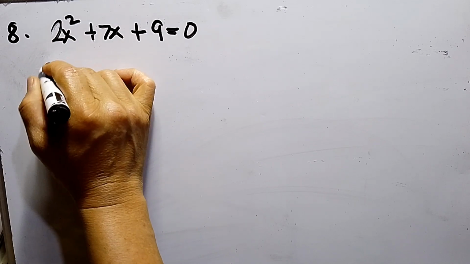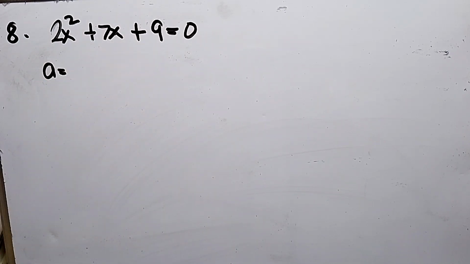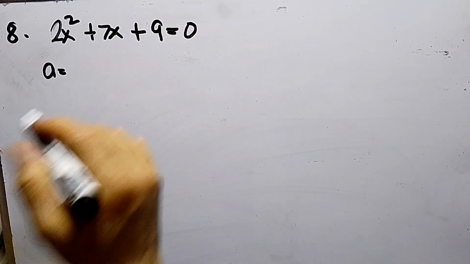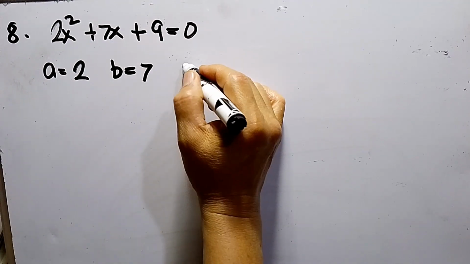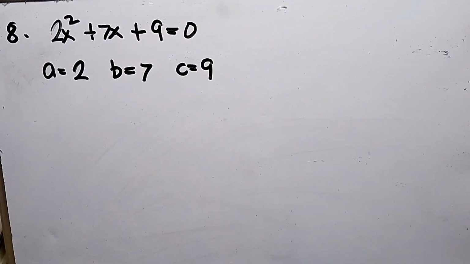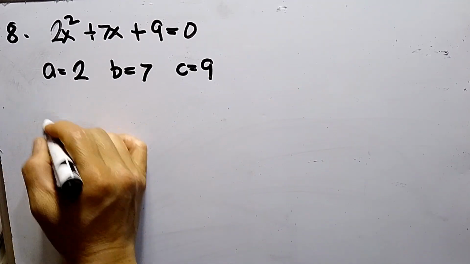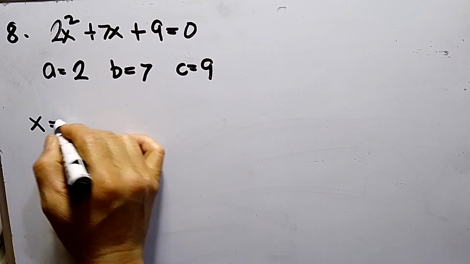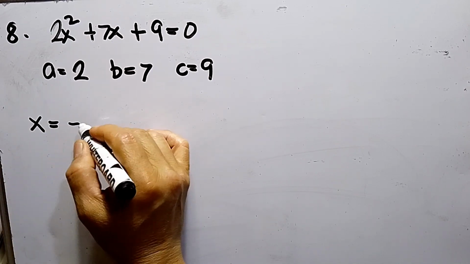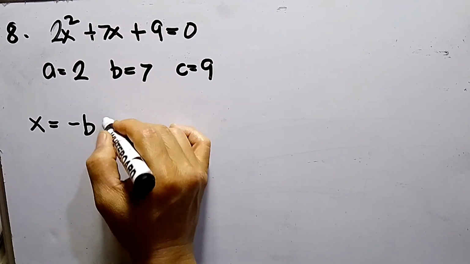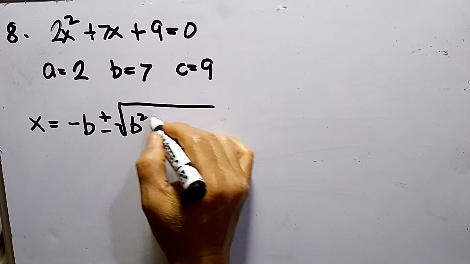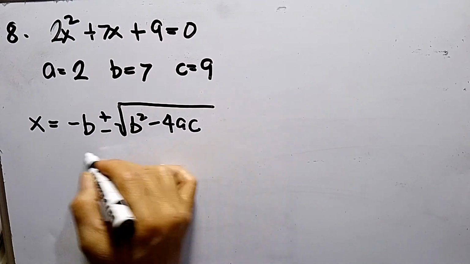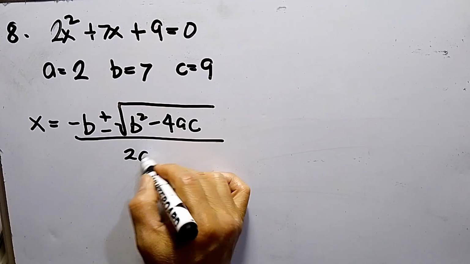So I will collect all the numerical coefficients, including c for the constant. So a will be 2, and then b is positive 7 while c is positive 9. So remember, the quadratic formula is negative b plus and minus square root of b squared minus 4ac all over 2a.